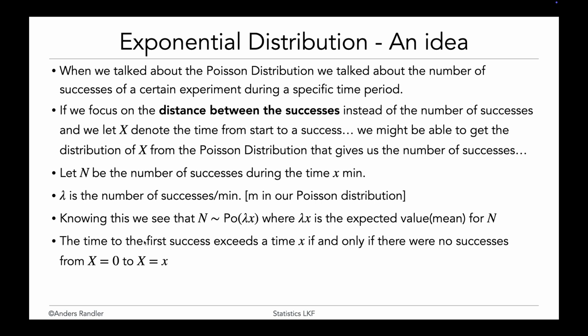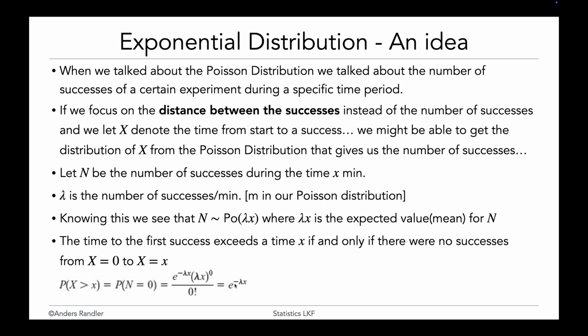Yes, so the time to the first success exceeds the time x if and only if there were no successes from 0 to x. So what's the probability that we have no successes in this period?